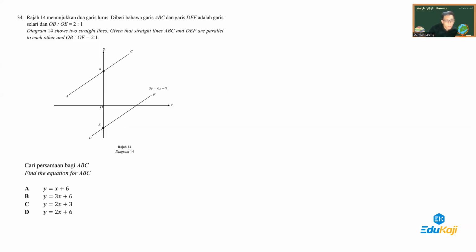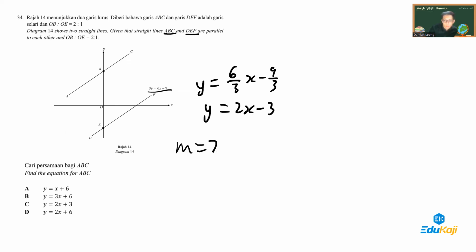Question 34. Find the equation of ABC. So they say ABC and DF are parallel, meaning they have the same gradient. So if I rearrange this equation, y equals 6 over 3x minus 9 over 3, meaning 2x minus 3. So gradient is 2, for both lines.